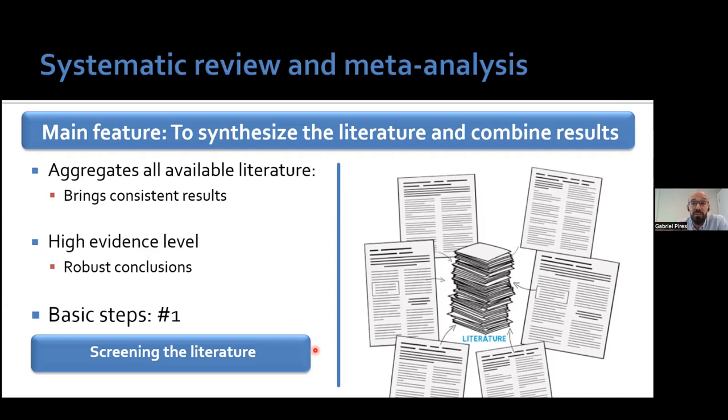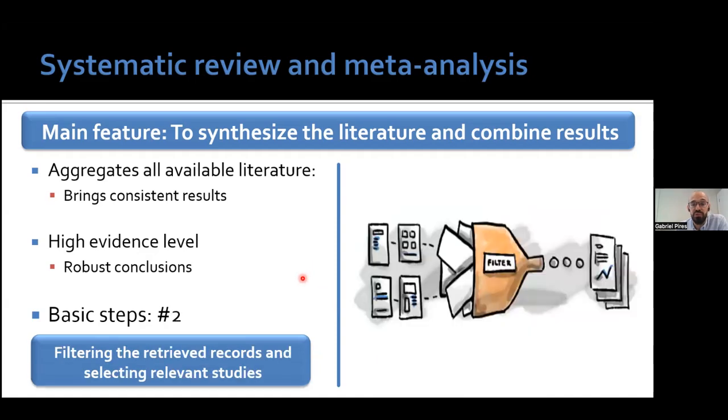Because if we are not able to find everything that is available, and eventually things that are not even available already, we might step our feet into some kind of biases like publication bias. So meta-analysis has to be as comprehensive as possible when we try to screen the literature.